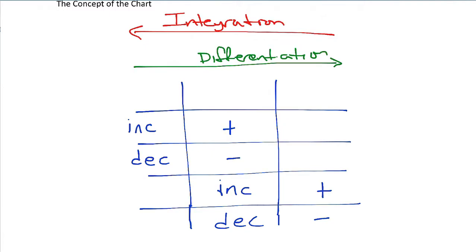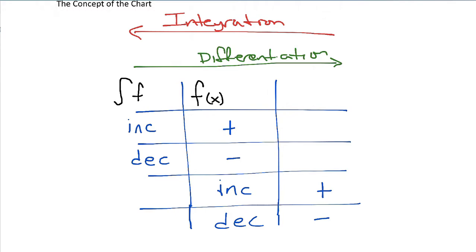So what does this kind of look like? What if I labeled this column F? Then it should make sense that this column would be the integral of f.